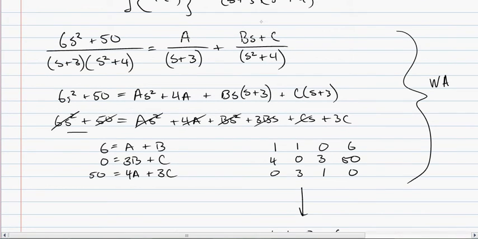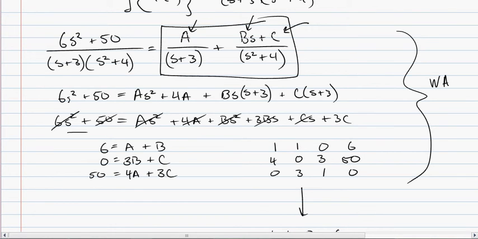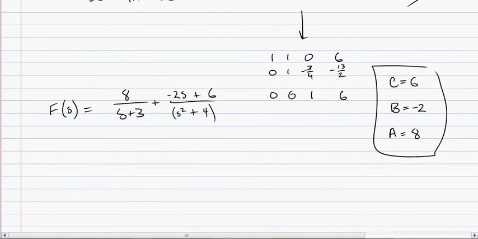So that came from right here. Just plugging those values of a, b, and c in there. So now we know what f of s is, and it's in a more useful form here.